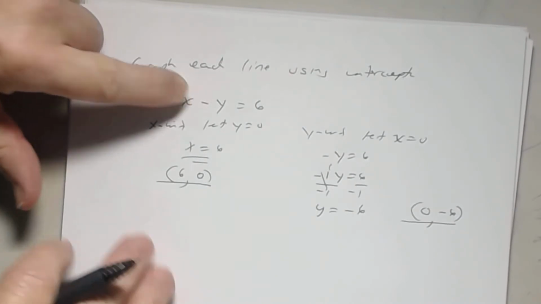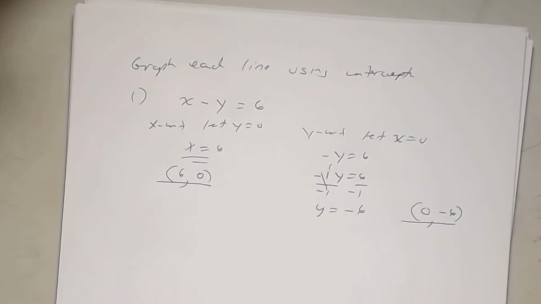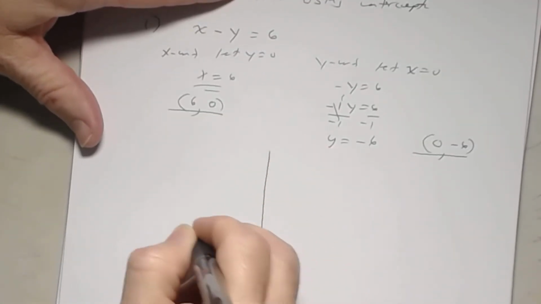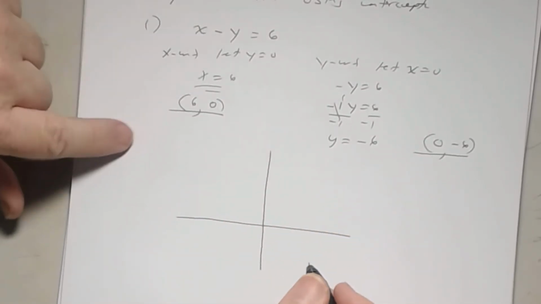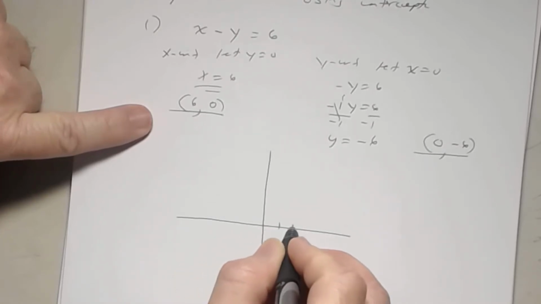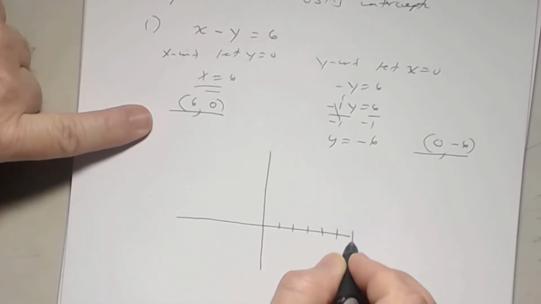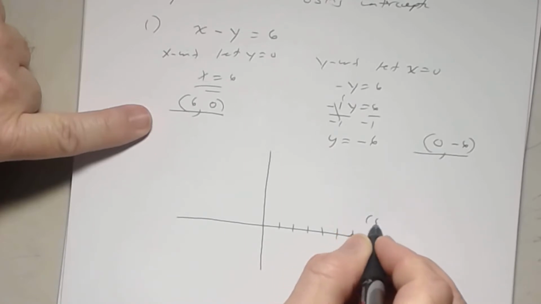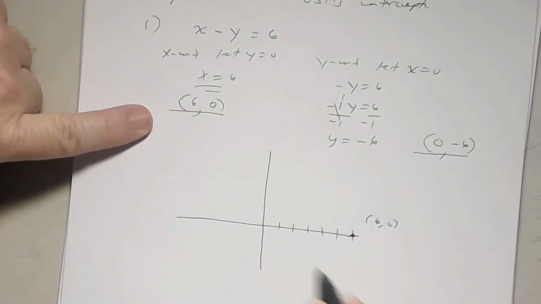And then all you do is plot those 2 points, draw your line, you're done. Remember, (6, 0) is the x-intercept, so that's where the graph's going to cross the x-axis. 1, 2, 3, 4, 5, 6. (0, negative 6) is where the graph's going to cross the y-axis.